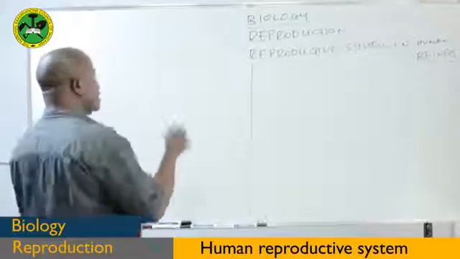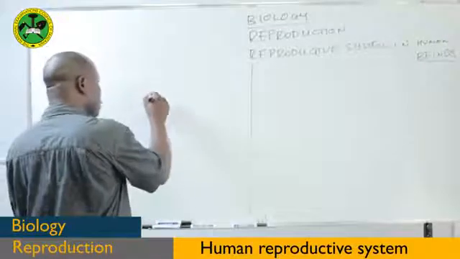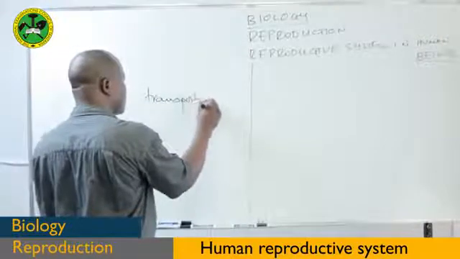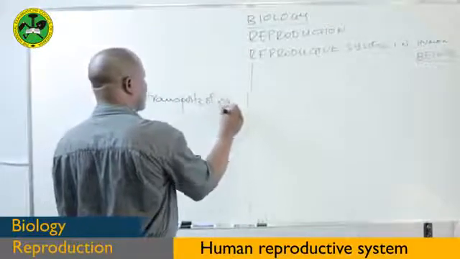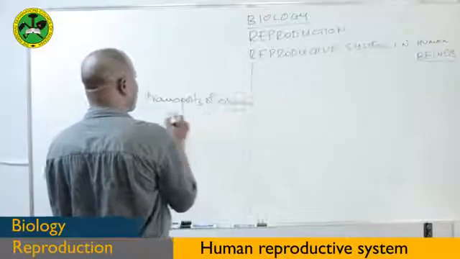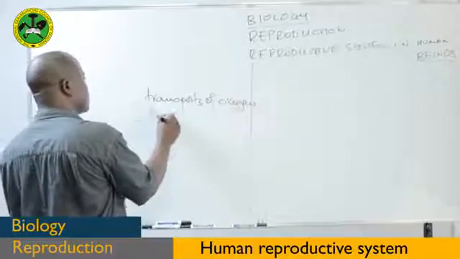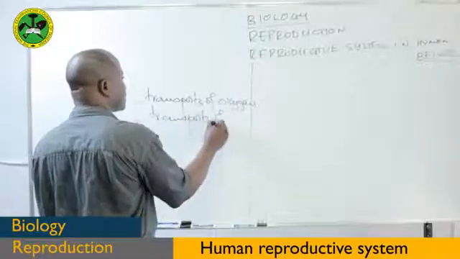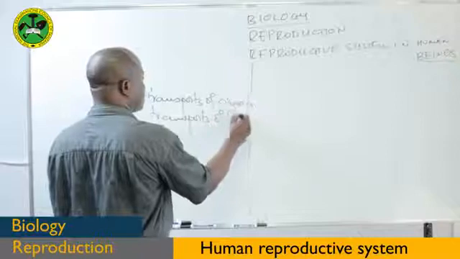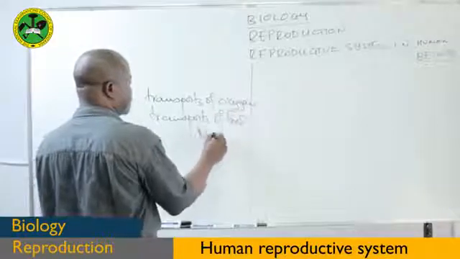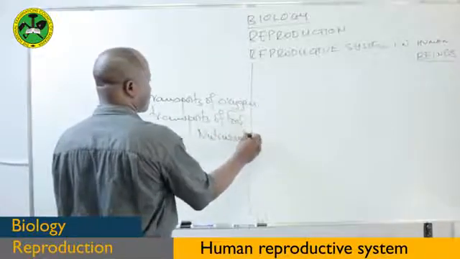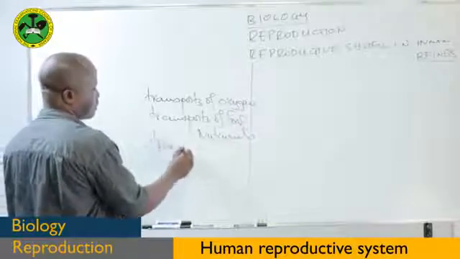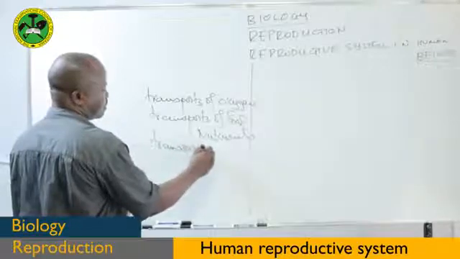I said the blood vessels transport oxygen, also transport food, nutrients, but also transport hormones.